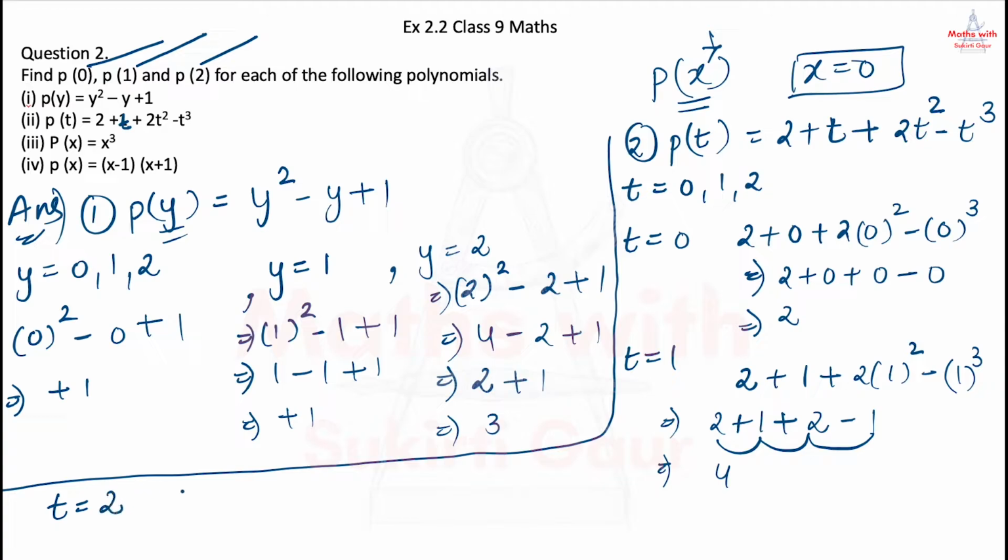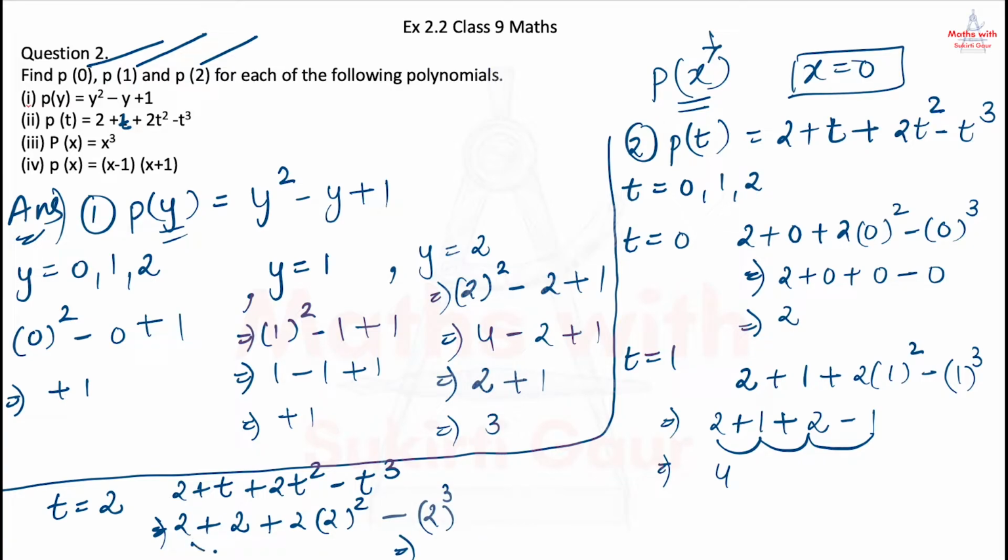Taking t equals to 2, 2 plus 2t square minus t cube. So 2 plus 2 plus 2 into 2 square minus 2 cube. Okay, just putting the values of t.